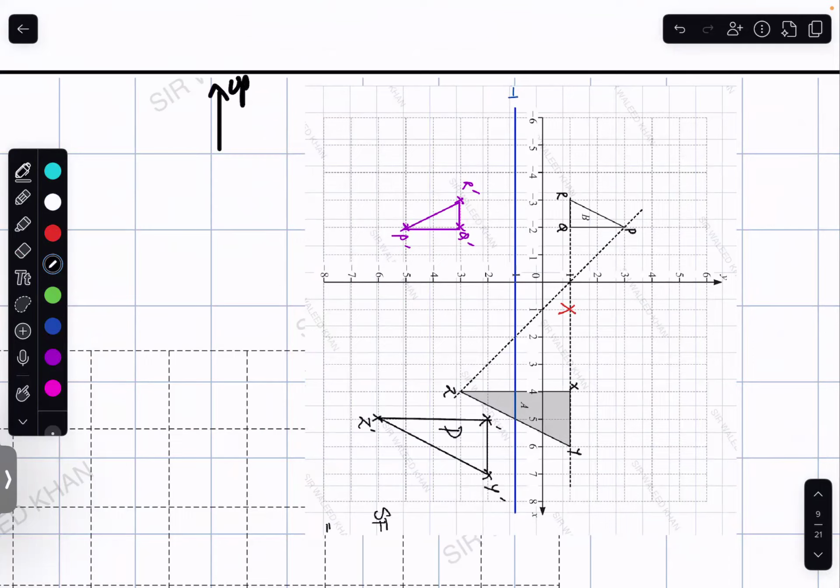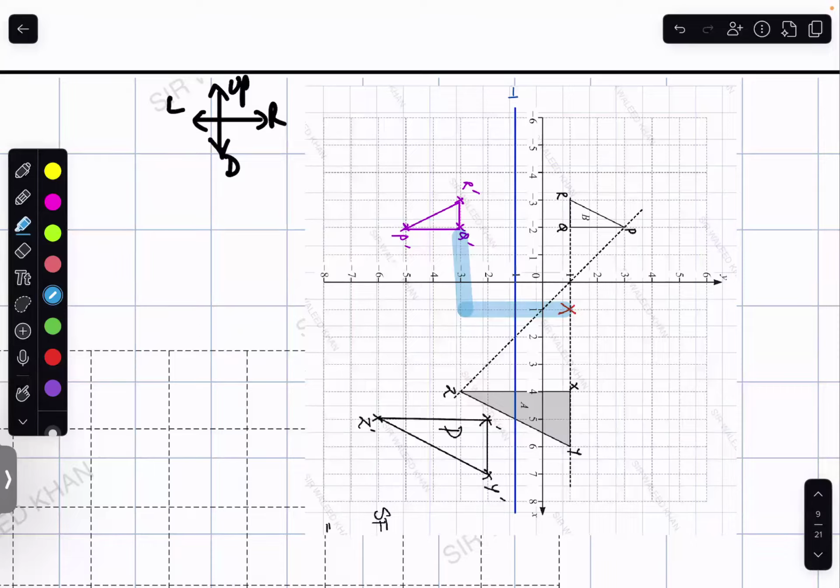So from the center of rotation, which is 1, 1, I have to move towards this triangle. How do I move that? From the center, we have 1, 2, 3, 4 boxes to the left and 3 boxes upwards, and I'll land at Q.